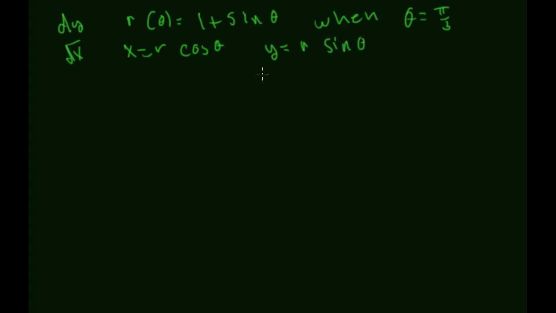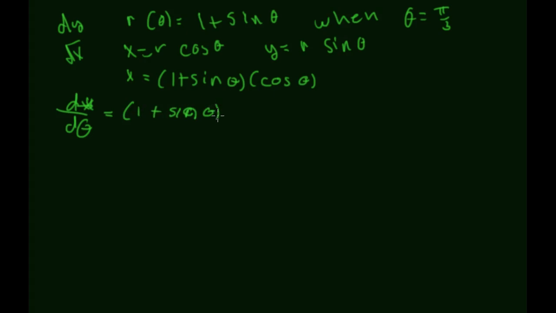So if we have this, then x should be 1 plus sine theta times cosine theta, which means that dx d theta should be first times the derivative of the second plus second times the derivative of the first, which is just cosine theta.